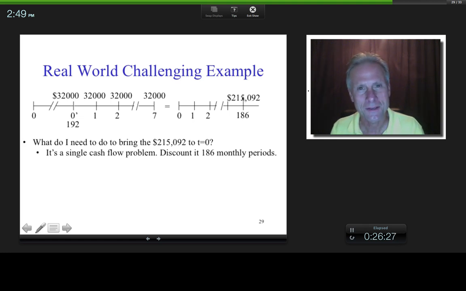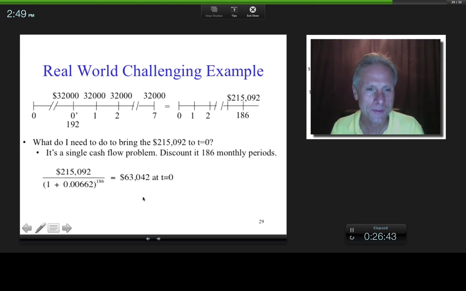It is, right? Would I multiply it by something or divide it by something? Divide, right? And if I'm bringing it back 186 monthly periods, I better be working with what kind of an effective rate? Well, an effective monthly rate. So bringing this back 186 monthly periods using the effective monthly rate is equivalent to about 63,000 at time 0.